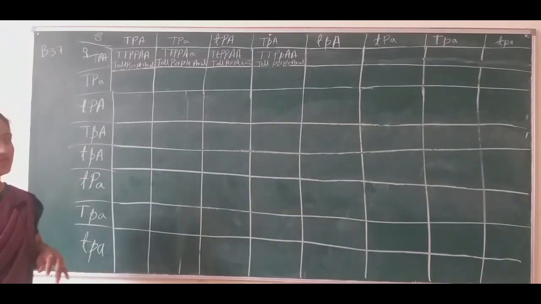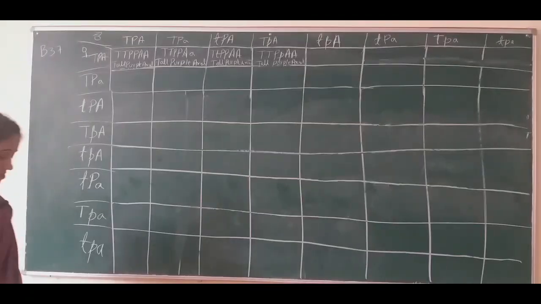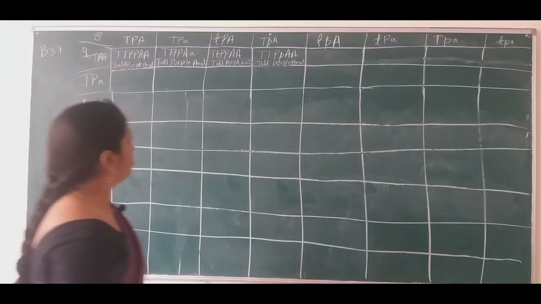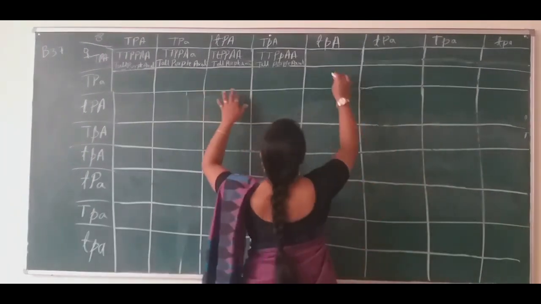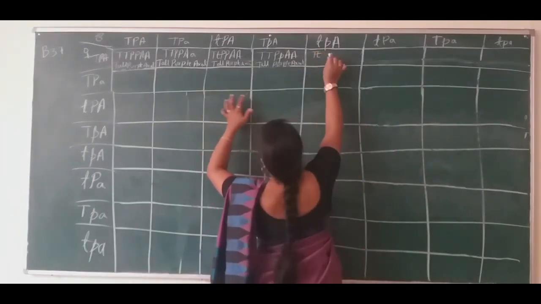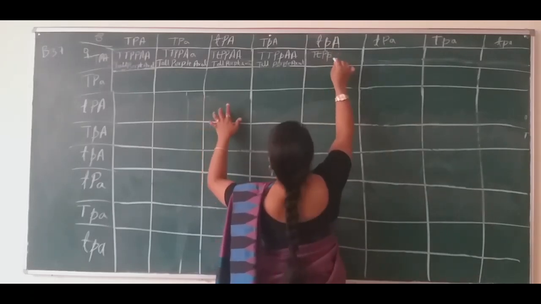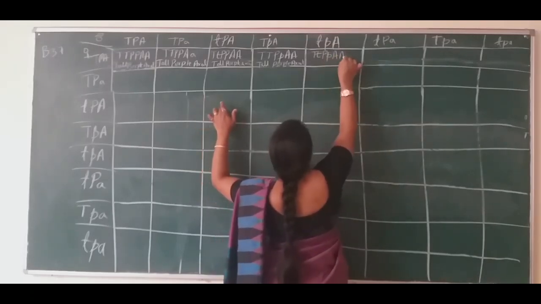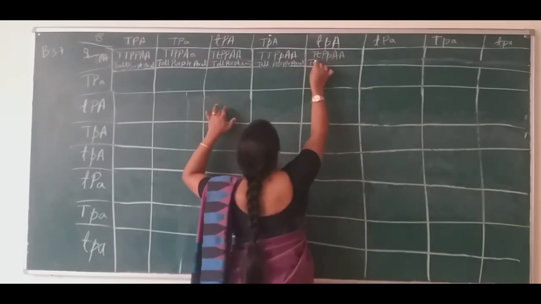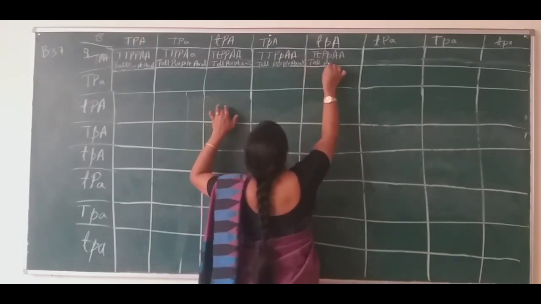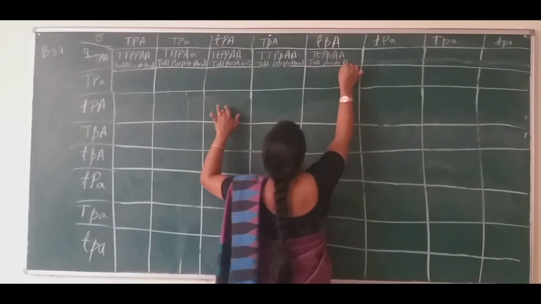Are you following me? Like that, complete the whole thing. Capital T, small t, capital P, small p, capital A, capital A. It means tall, purple, axial.